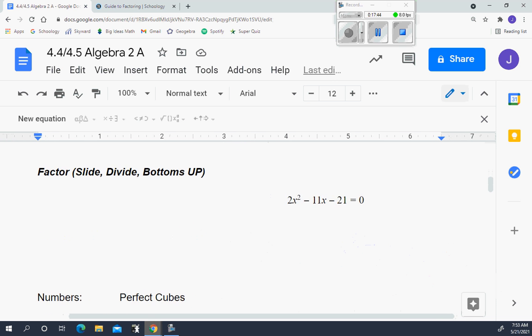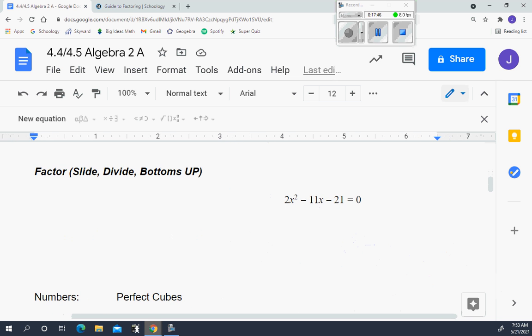Next one. We have a trinomial, just like the ones above. But there's something different. One, can I factor out anything? Well, we actually have a number here, 2 and 11 and 21. Well, in order to take a 2 out, 2 is a prime number, so nothing goes into 2 besides 1.